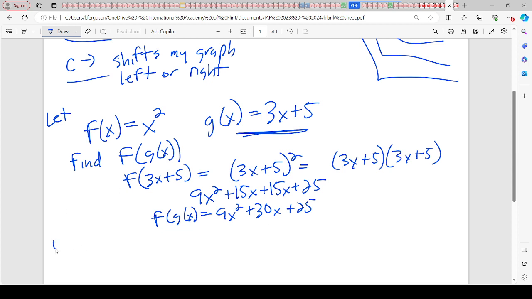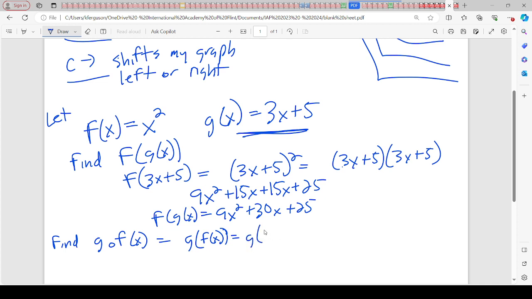So then next, I want to find g of f of x. So when it's written in this form, g, the little o, f of x, that means I start with f. So I'm going to have g on the outside and f of x on the inside. It means the same thing. So f of x is x squared.